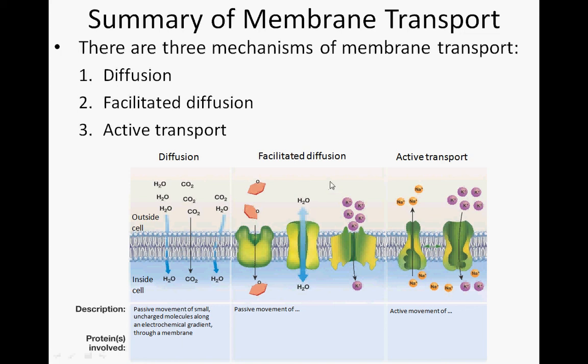You're going again in the direction of an electrochemical gradient, but you require either a channel or a carrier protein to do it, because whatever's flowing in and out does not interact with the membrane very well. And then finally, active transport is an instance of going against the electrochemical gradient, and it does require energy input from the cell.